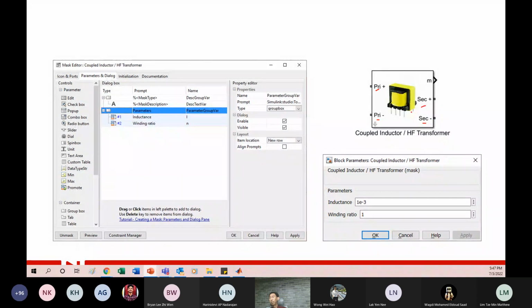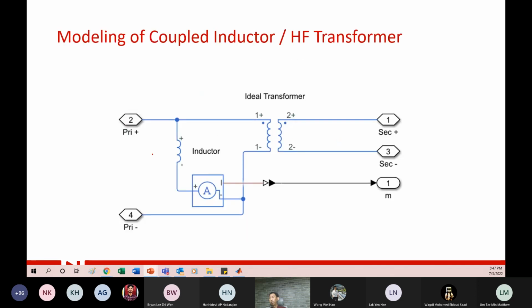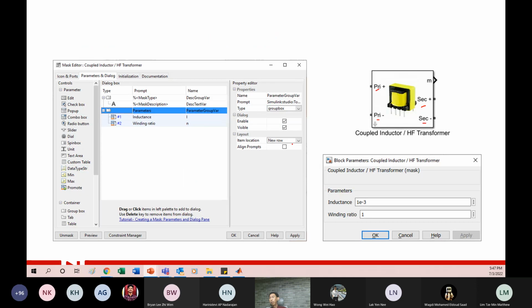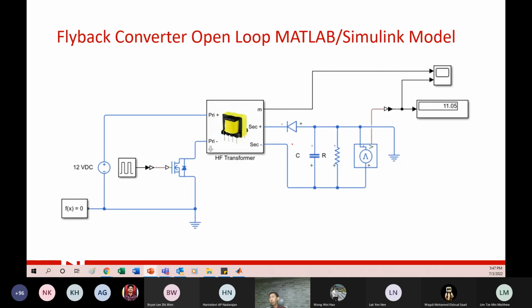Now with a normal transformer, we only know the ratio, but there is no inductor element. But for this coupled inductor, there is an inductor element. So in order to do that, you need to create your own coupled inductor. So this one is the model.